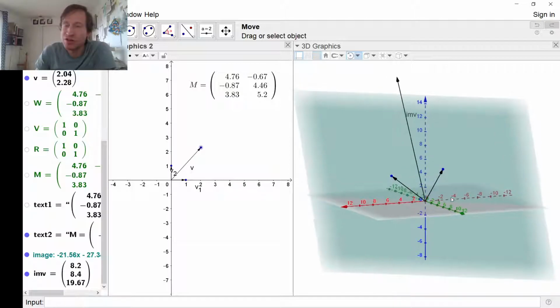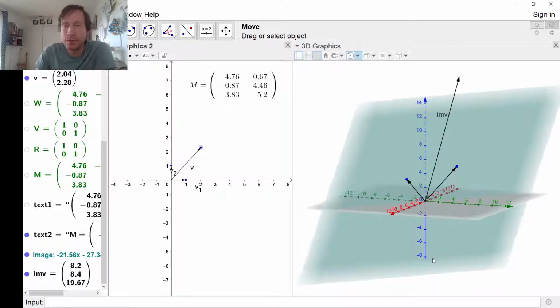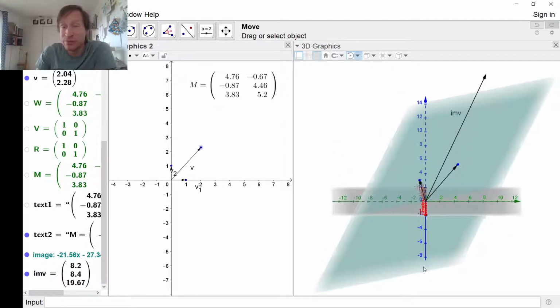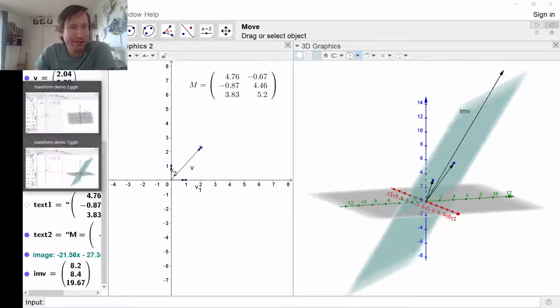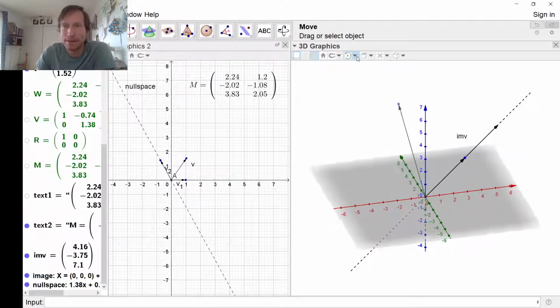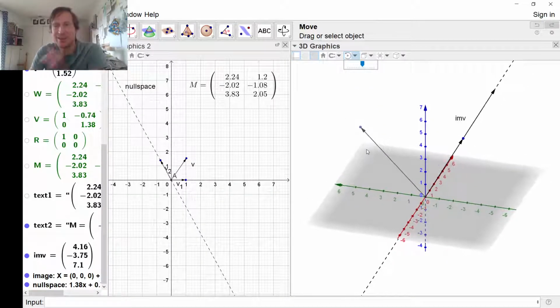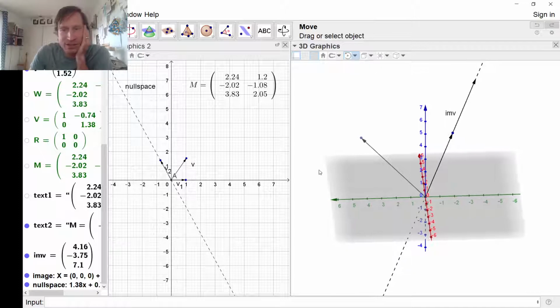So let's contrast this to an example where the null space isn't just 0. So I have another one set up here. Okay. Let's set this thing spinning so we can sort of see what the 3D situation is.